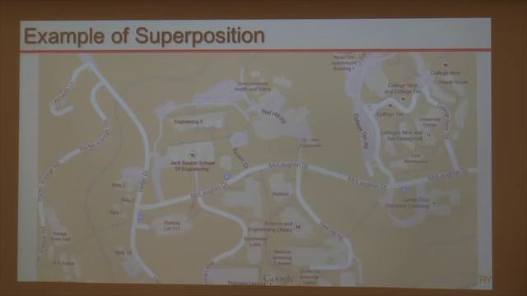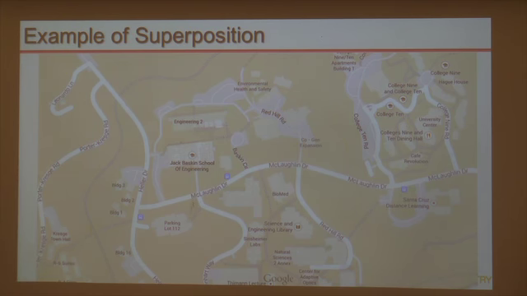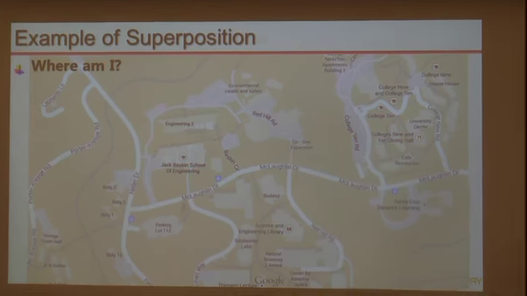Okay, so let me give you one example. The first example about superposition to help you understand. I give you a map of Upper Campus. The question is, where am I? Let's assume you don't know I'm doing a section here. Let's say there's a student from section B or section C. They don't know where I am now, but they can guess, right?